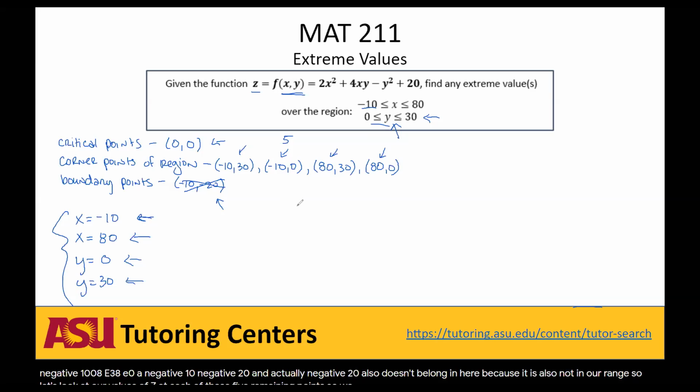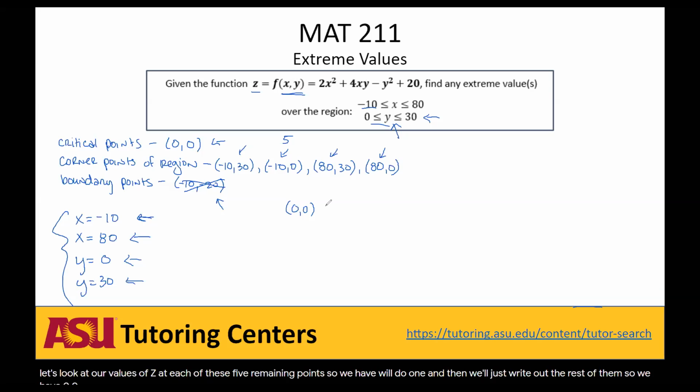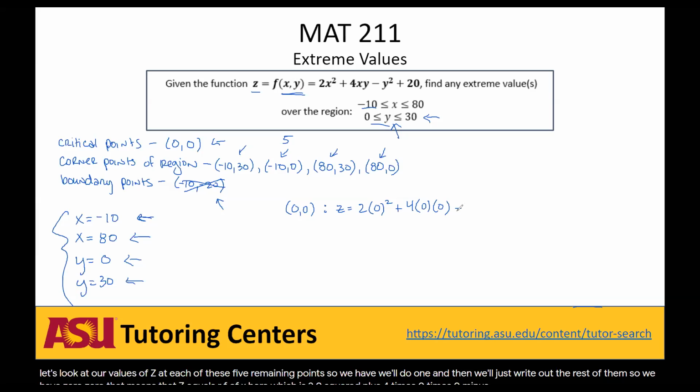So we'll do 1 and then we'll just write out the rest of them. So we have 0, 0. That means that z equals our f of x here, which is 2 times 0 squared plus 4 times 0 minus 0 squared plus 20. So that just equals 20.